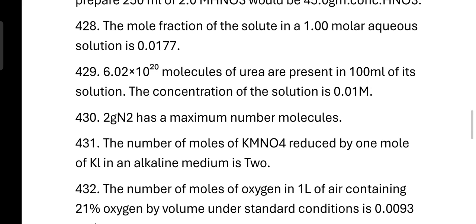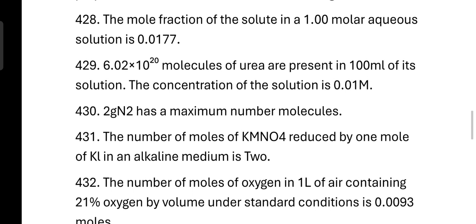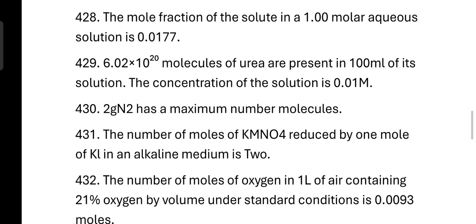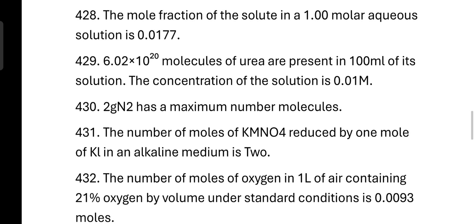The mole fraction of the solute in a 1.00 molar aqueous solution is 0.0127.